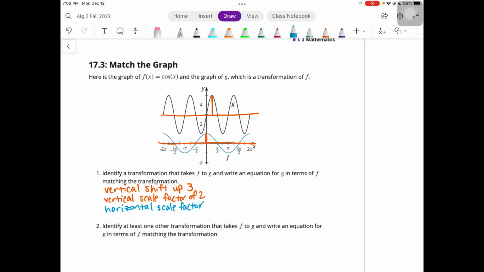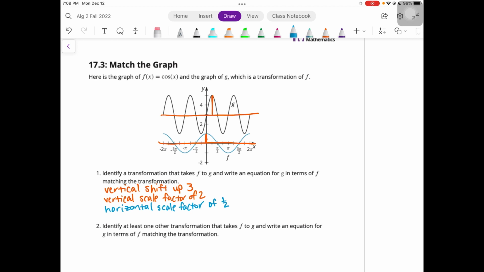And that is going to be, since we did have a period of 2 pi and now it's 1 pi, that scale factor is 1/2 because it's half of what it was. So that horizontal scale factor is 1/2.